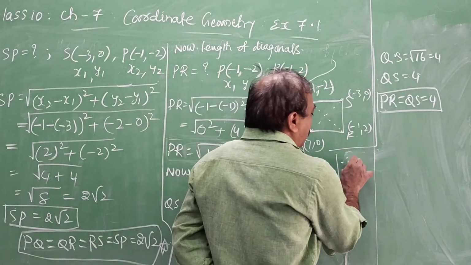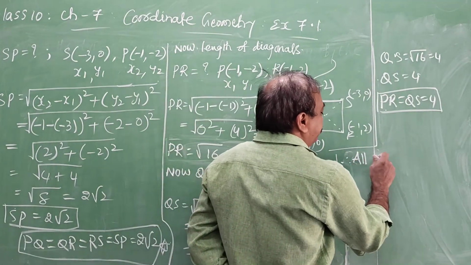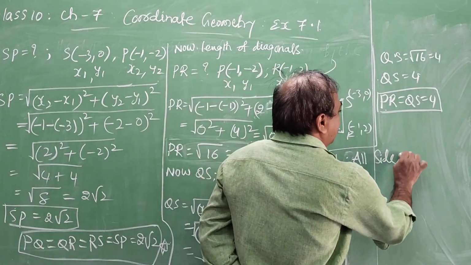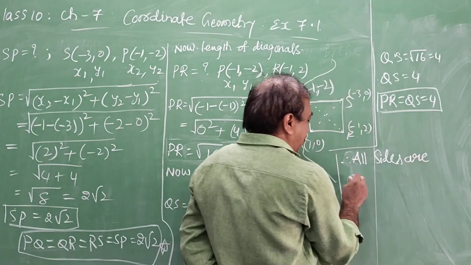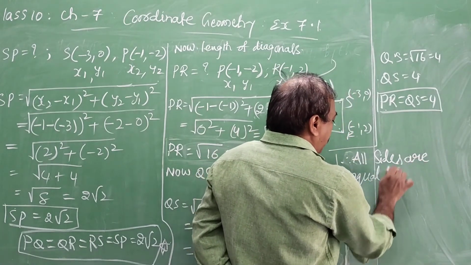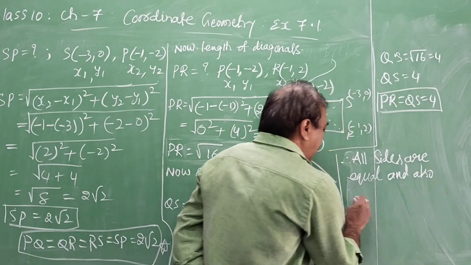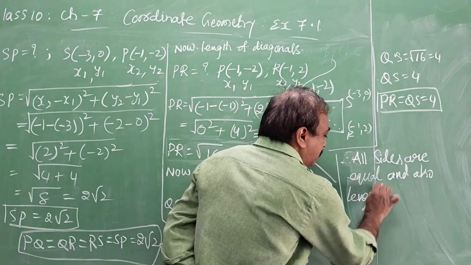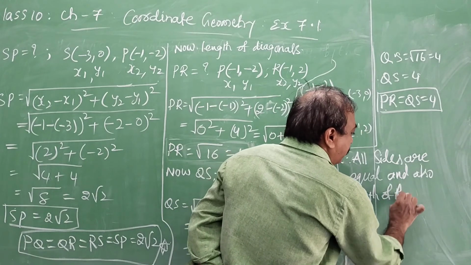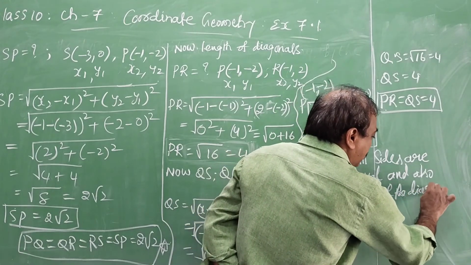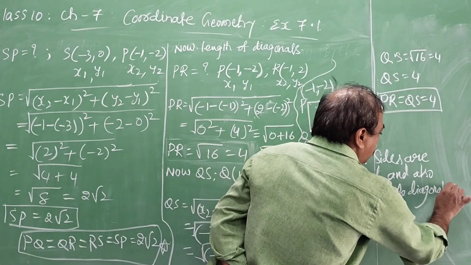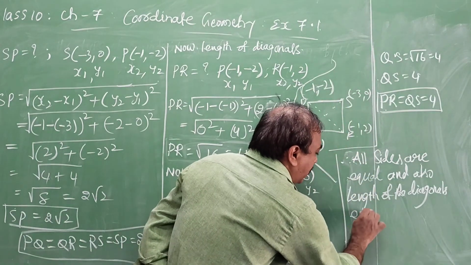So therefore all sides are equal and also the length of the diagonals is equal.